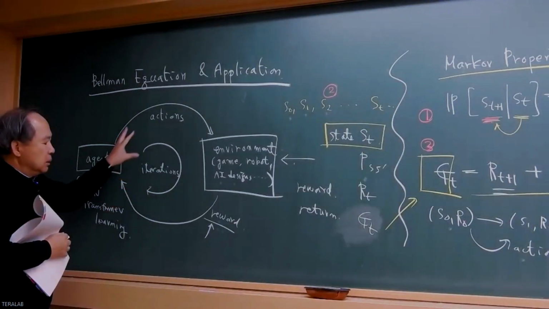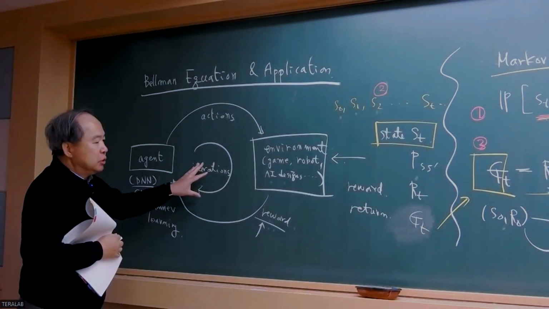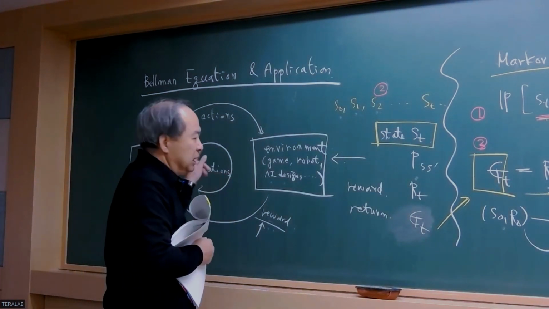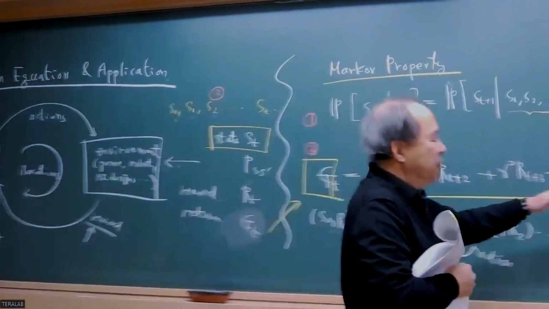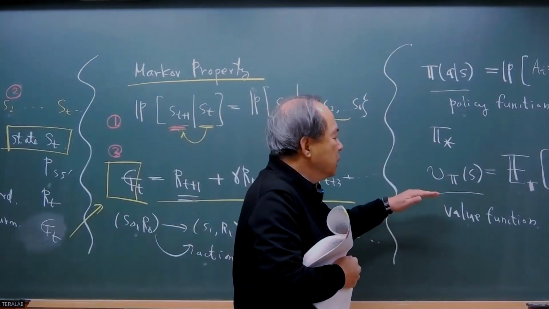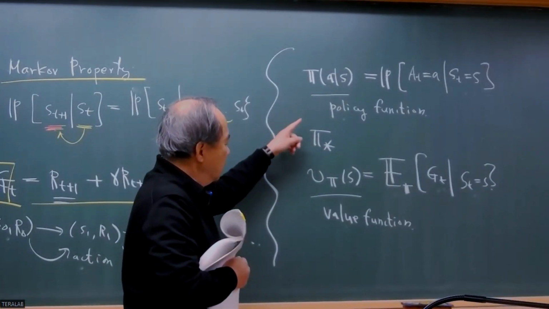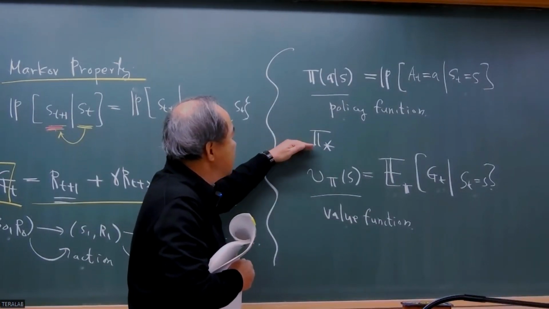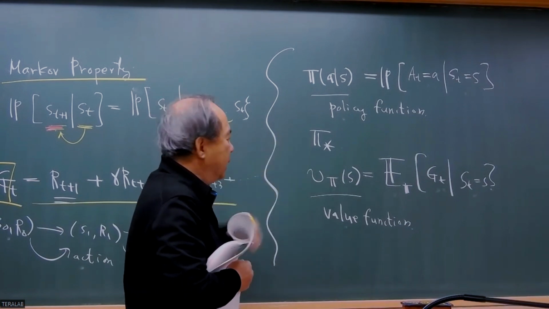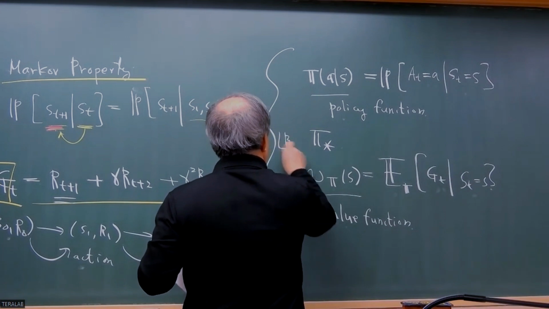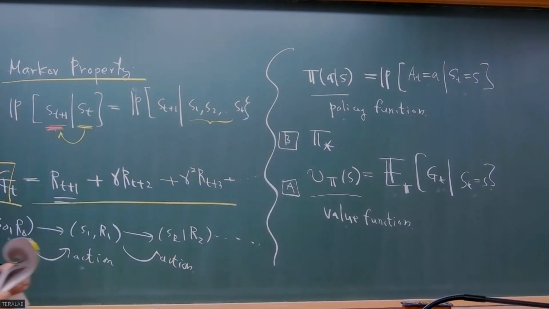So the goal of this reinforcement learning is, number one, take experiences by doing the iteration. We have to find the value function. With a given value function, we can obtain the best policy function. That is the goal of reinforcement learning.